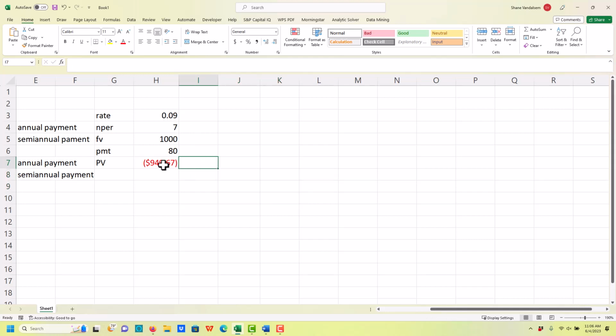And my original price was $949.67. So the yield to maturity is the market return for the bond, and it's constantly changing. Just people buying and selling bonds for different prices is going to change that yield to maturity.